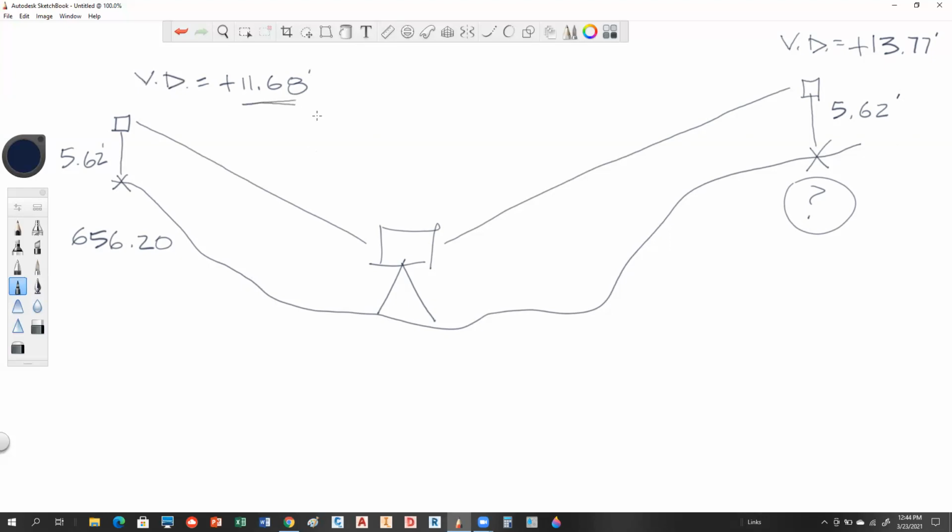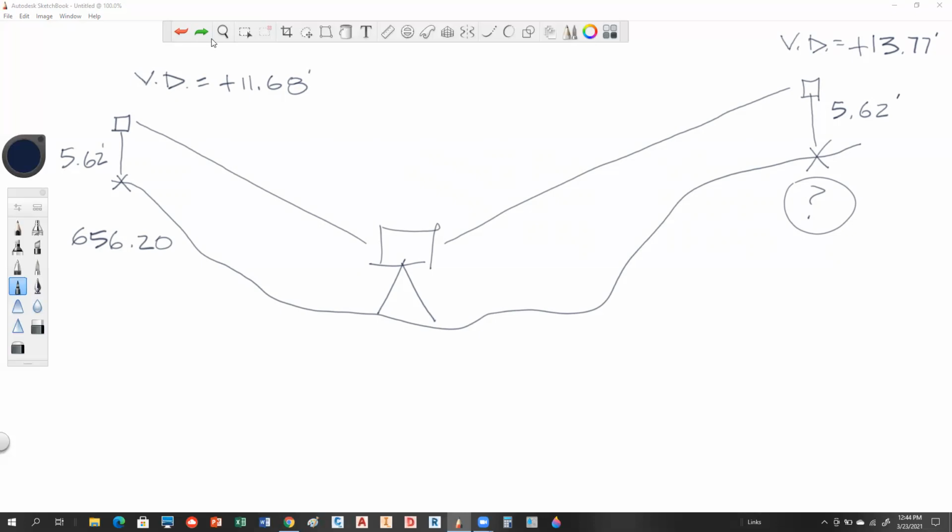You subtract the 11.68 from 13.77. You could do that. Why are you subtracting? To get the difference of the two, because we're obviously going up in elevation, and then you have the rod height, and then you can just add to the elevation over there. Okay, you can do all that.